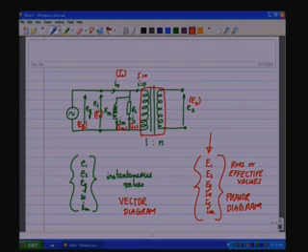One is the loss, that is, there exists a finite hysteresis loop area and there exist eddy current losses, which means finite resistivity. The other one is the XM, which draws a magnetizing current, which means to set up a flux in the core, some amount of magnetizing current has to be drawn from the source, and it is a reactive power that is being drawn from the source, and therefore, the magnetizing reactance XM.